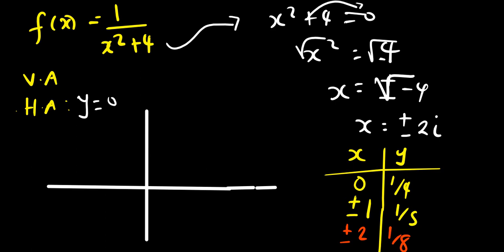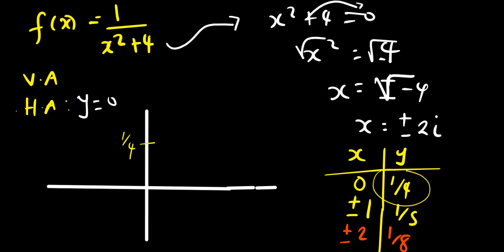Where is the graph itself? Because we don't have any vertical asymptotes, we have to find the y-intercept. On the y-intercept, x is equal to 0, and f of 0 we found is 1 over 4. So let's say 1 over 4 is here. This is the highest value of y that you can have. We don't have any vertical asymptote, and we said the function is reducing.